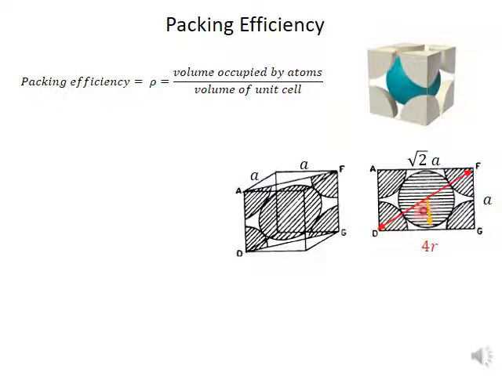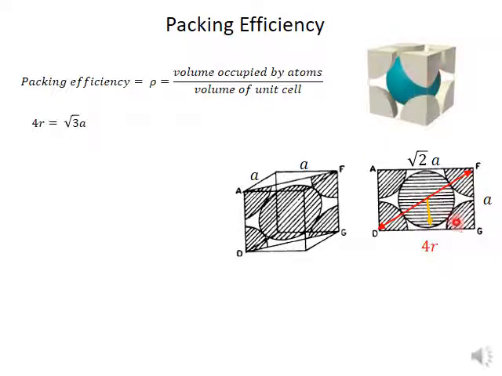So you can find the distance from this edge to this edge, which is basically 4 times the radius of the spheres. So you have one radius here, 2 radii here, and another here. So 4 times r, and this radius is important because it is the radius of the close packing, and from this you can find what volume of the unit cell is occupied by the atoms and what volume is not occupied.